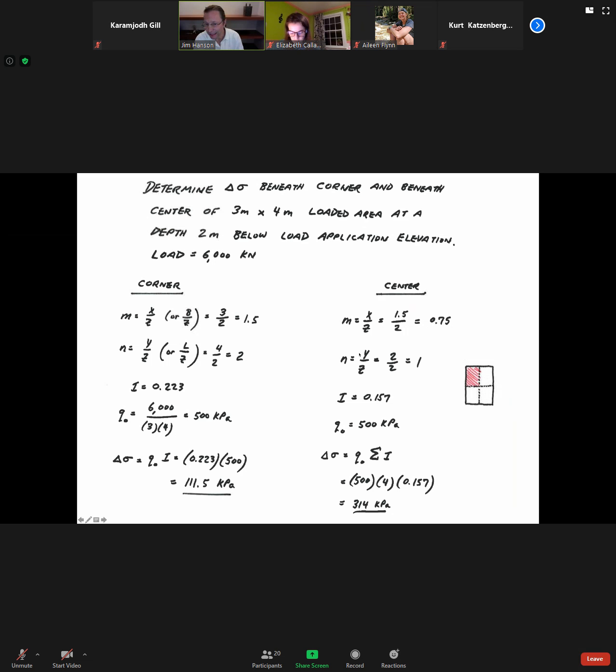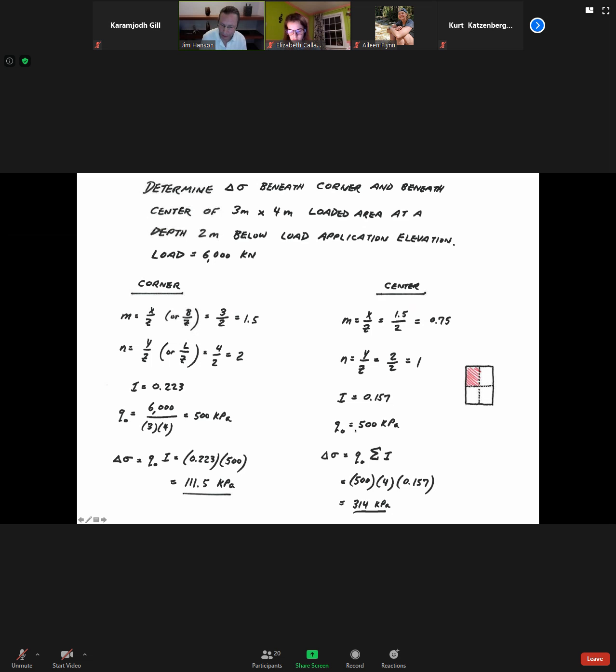N is L over Z, and that would be 2 over 2. Again, half the dimension of the side, and that's going to be 1. You can utilize that M and N chart, and you'll see that it's on the order of 0.157. I'll let you look at that on your own.